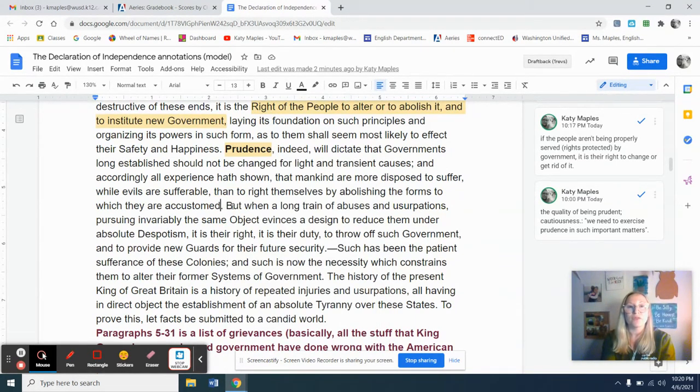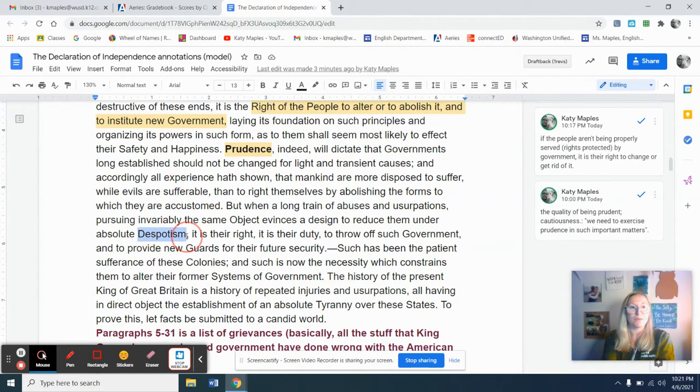So, but when a long train of abuses and usurpations, pursuing invariably the same object, evinces a design to reduce them under absolute despotism, it is their right, it is their duty to throw off such government and to provide new guards for their future security. He's saying when there's a bunch of abuses and they're really bad ones, despotism.